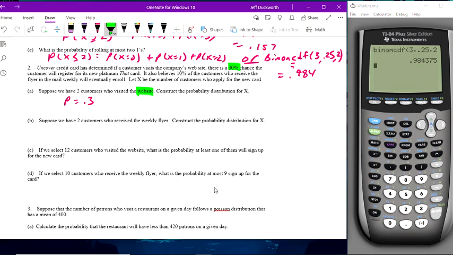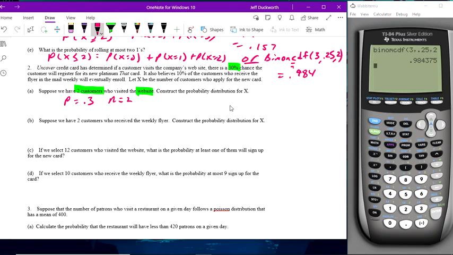They're going to be independent because they've just got the general probability for anybody who goes there. One person who visits should be independent of any other person who visits there, so we have independence. N is 2 customers. So we want a distribution.